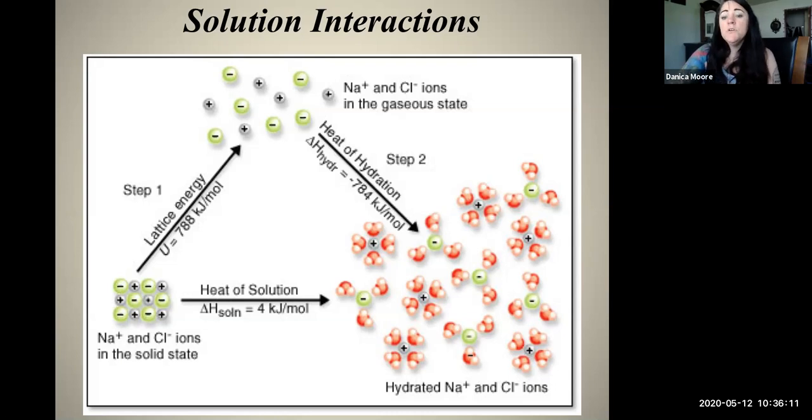Those are the ion-dipole interactions we talked about in chapter 10. You guys picking up what I'm laying down? Cool. So you can see that the energy of the lattice and the heat of hydration are pretty close together.